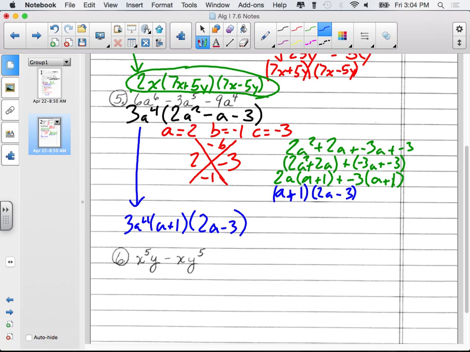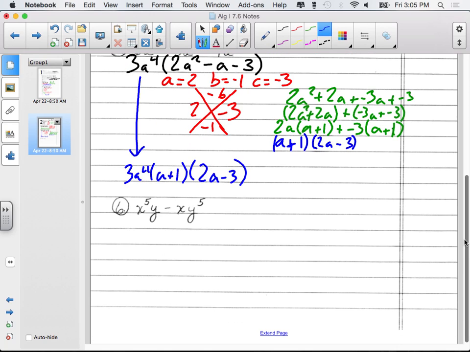We have to check to see if we can factor any more. You can't. Two new binomials, one's addition, so that's out. The other one's 2a, which isn't a perfect square, so we're good. All right, you guys, do number 6 by yourselves.